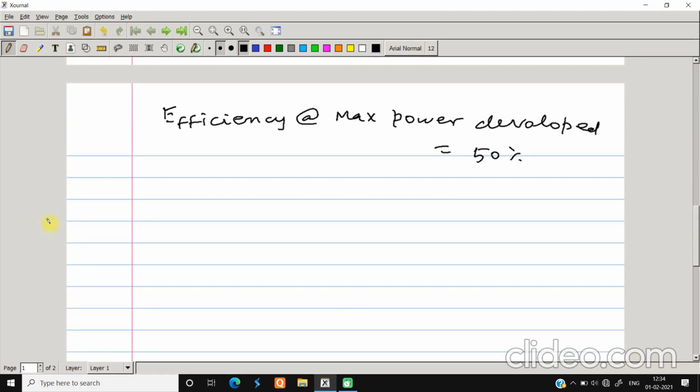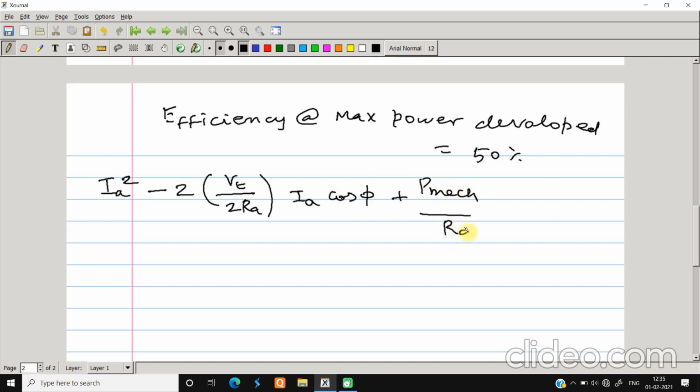So the equation will be Ia square minus 2 Vt divided by 2Ra into Ia cos phi plus P mechanical divided by Ra, which is equivalent to 0.